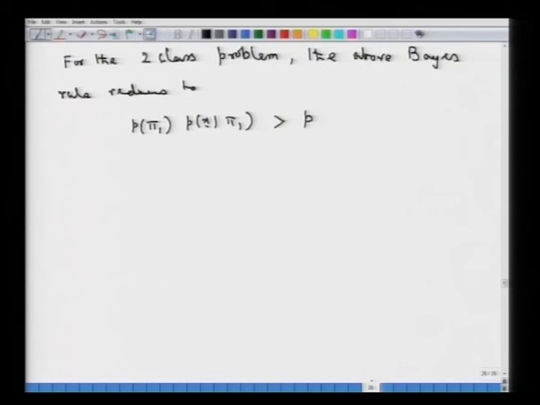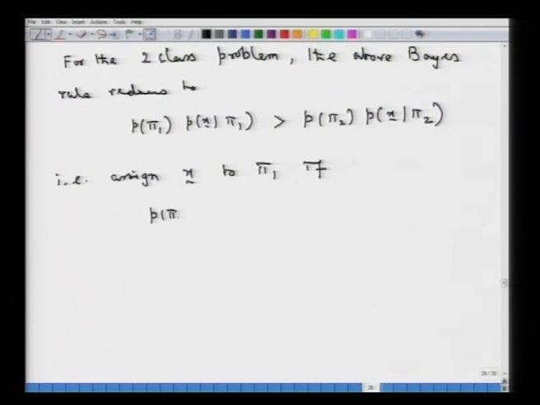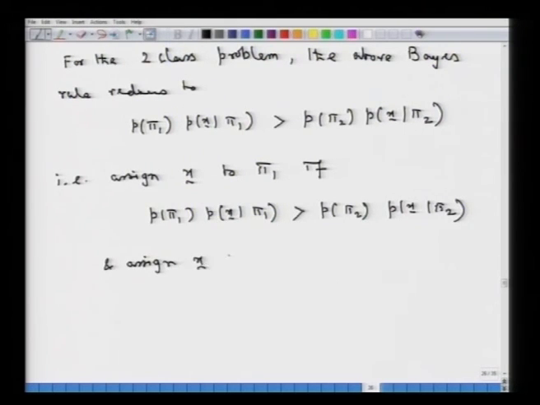For the two populations π_1 and π_2, assign x to π_1 if p(π_1) p(x | π_1) is greater than p(π_2) p(x | π_2), and assign x to π_2 otherwise.